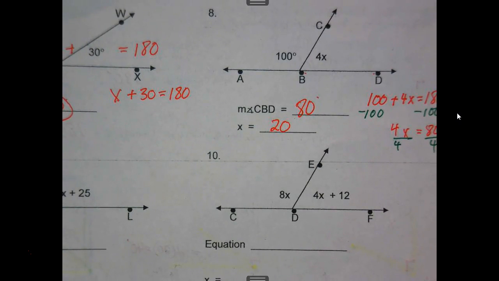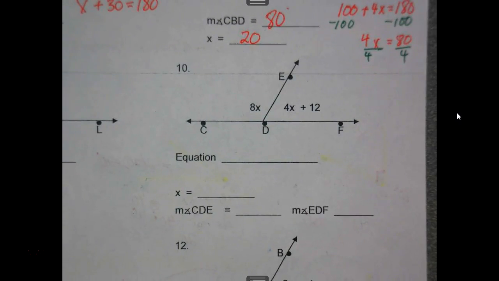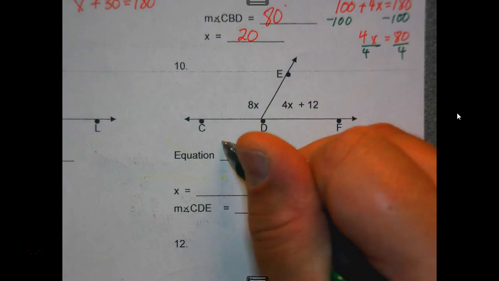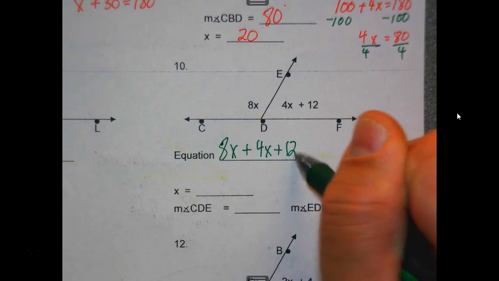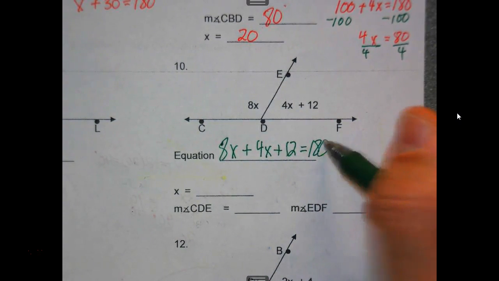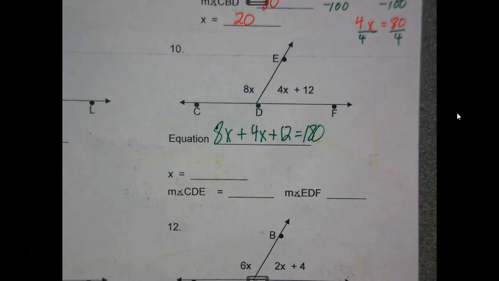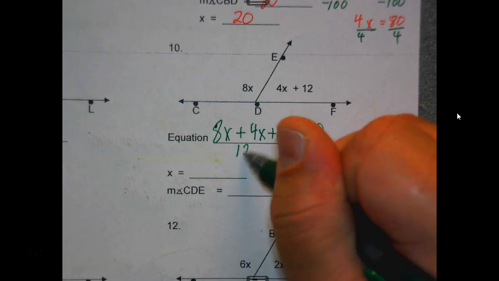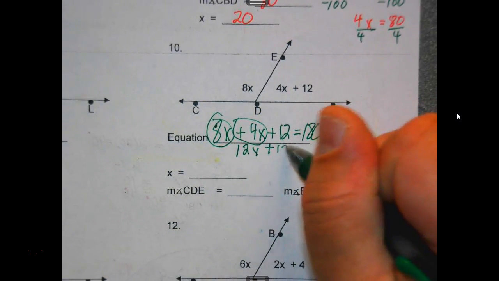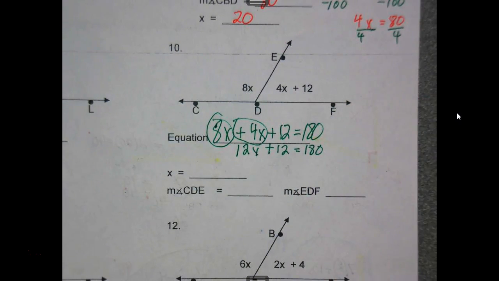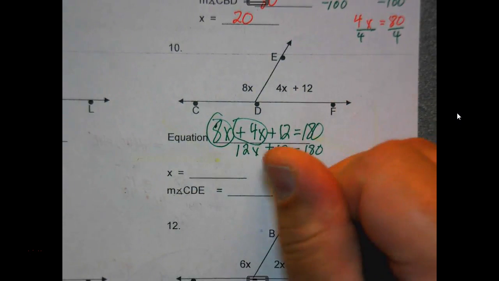How about, let's do a harder one. Let's do number 10. The equation's going to be, yep, so I get 12x. 4x plus 2x, 12x, 12x plus 12 equals 180.